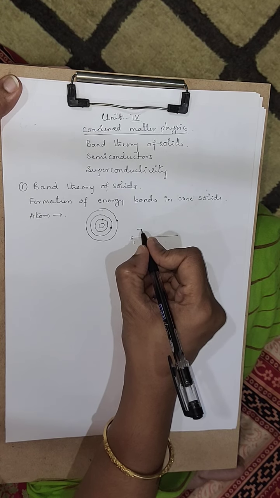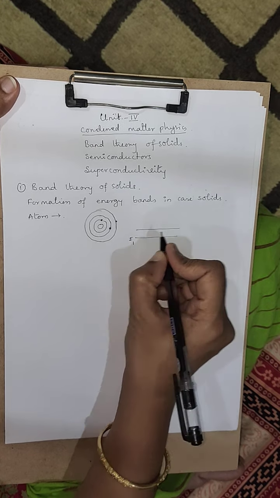We can show quantum mechanically the energy of the next electron in the next energy level as E2, and the energy of the next electron in the next orbit in the next higher level, E3. In this way, as many electrons as we have in an atom, we can show that many energy levels. This is the basic knowledge we all have about it.